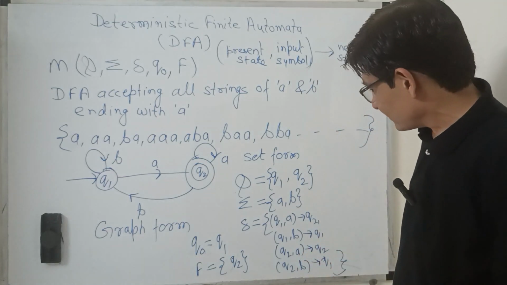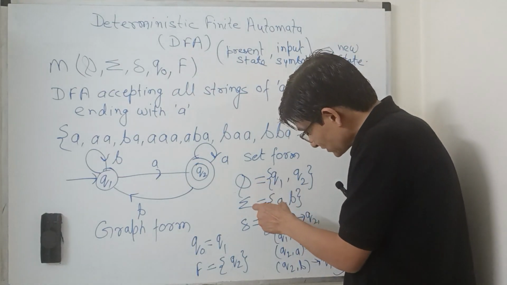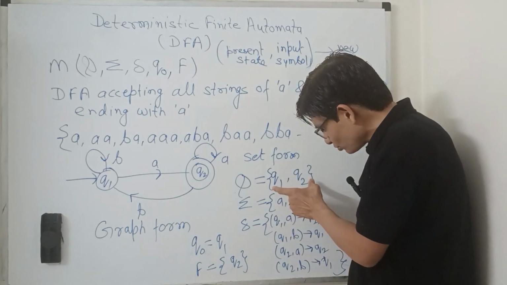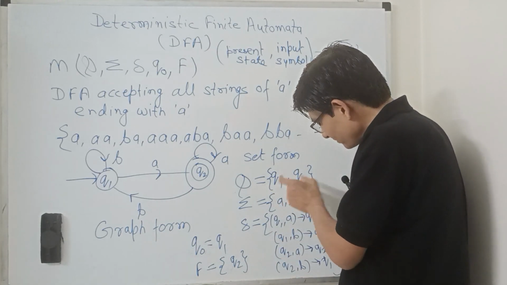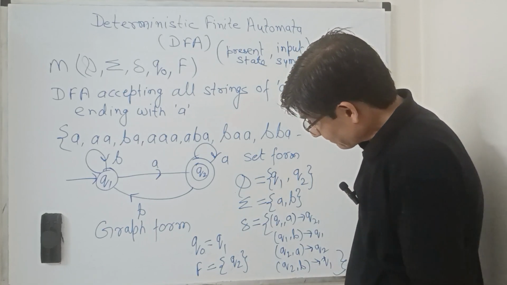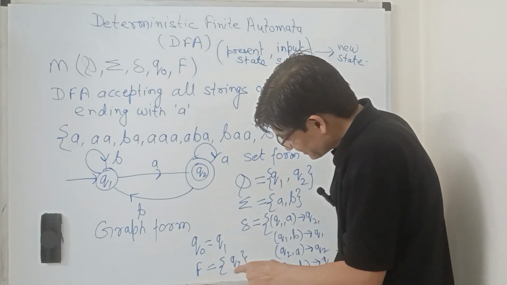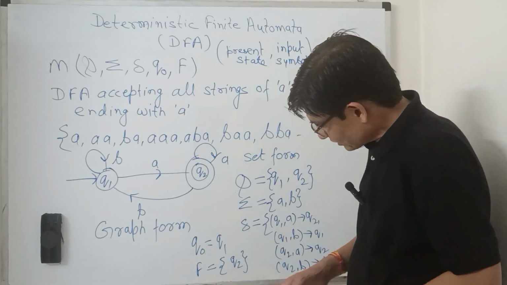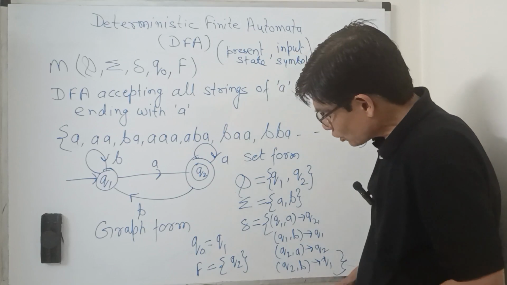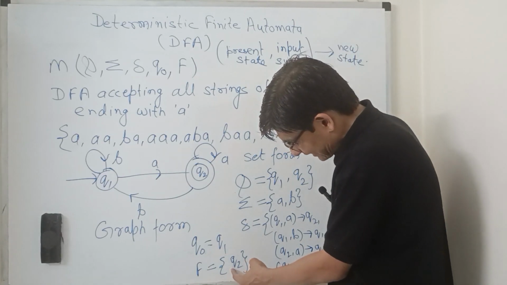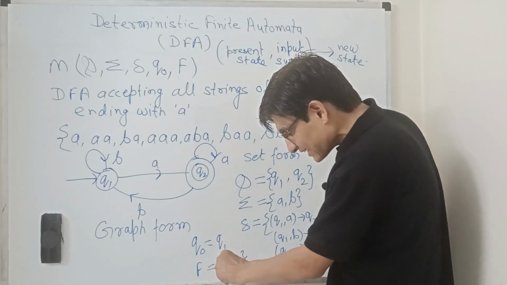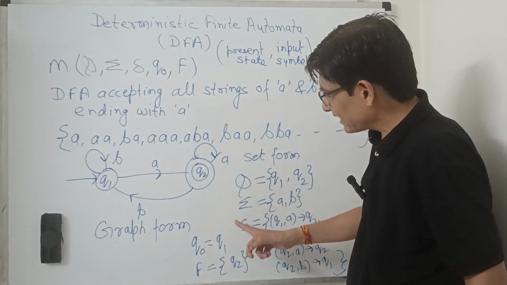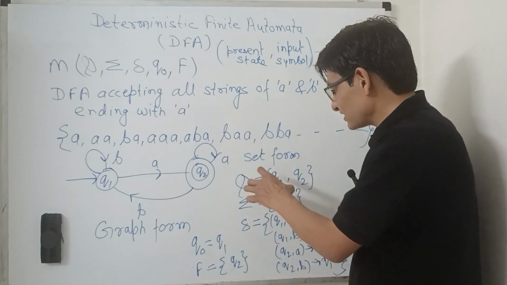Remember, friends, Q, sigma, delta, and F are all sets, so we need to enclose them in curly brackets. But Q0 is a single state, so I have not included it in curly brackets. Although there is only one member in the set, we still need to represent it in the form of a set. This is how you can represent a DFA in set form.